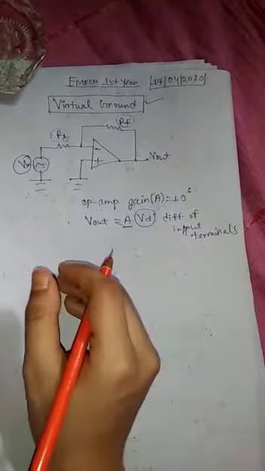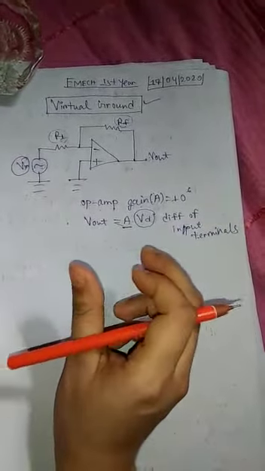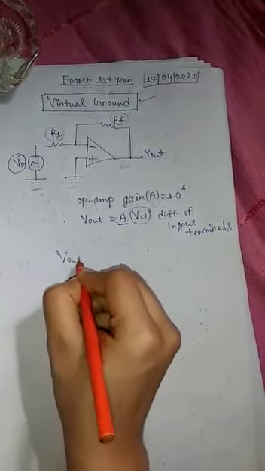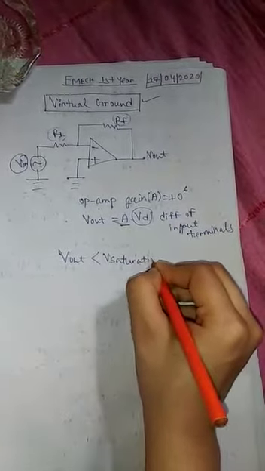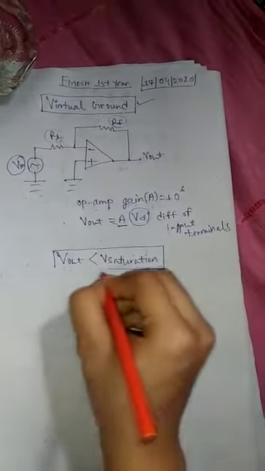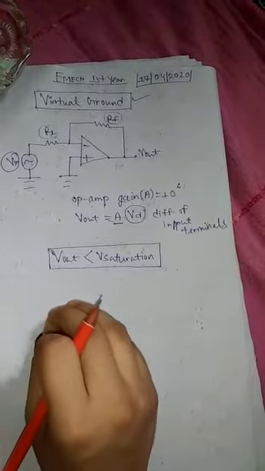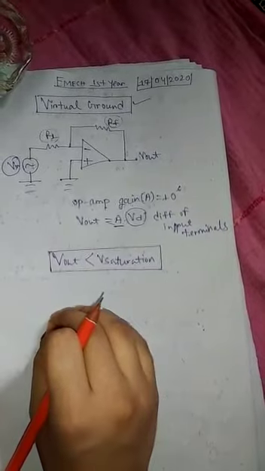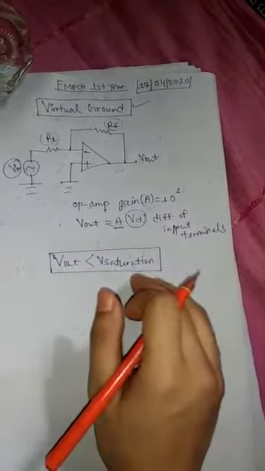Let's assume that with negative feedback we are controlling the output voltage of the op-amp in such a way that V out is less than V saturation.